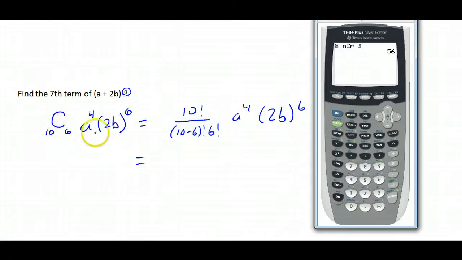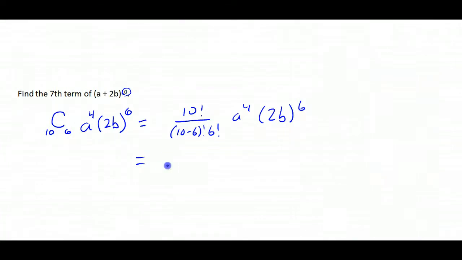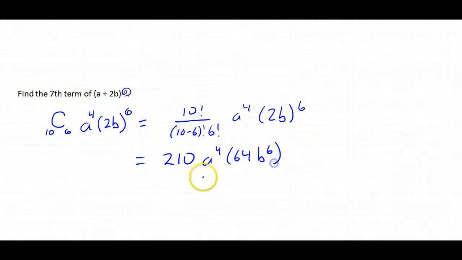So 10 combination 6 is going to be: math, over to probability, grab our combination, and we're going to put in 6. Okay, so that's going to be 210, a to the 4th, and 2 to the 6th is 64, b to the 6th.